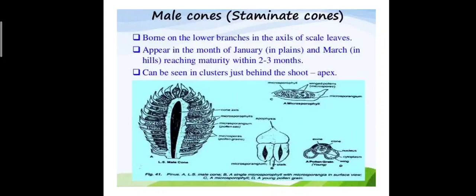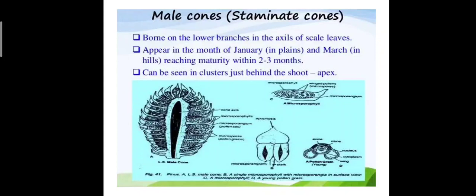They will have a stalk, and the shape will be oval or conical, and it will be 20 to 80 centimeters long. It is the largest cone in the plant kingdom, ranging from 20 to 80 centimeters in length.